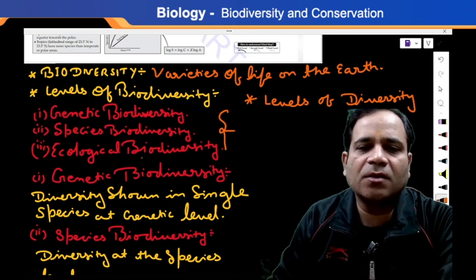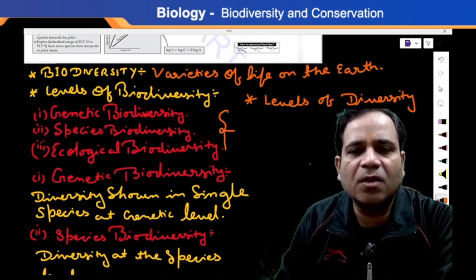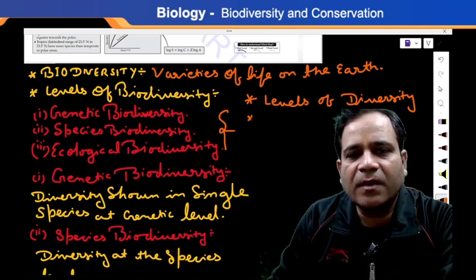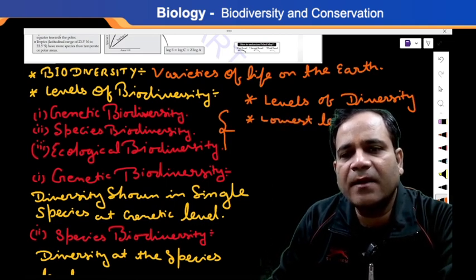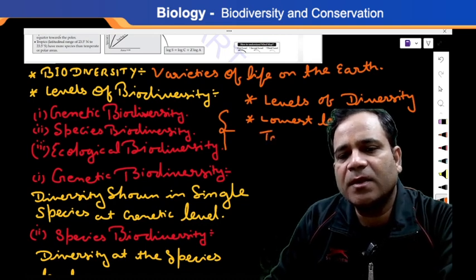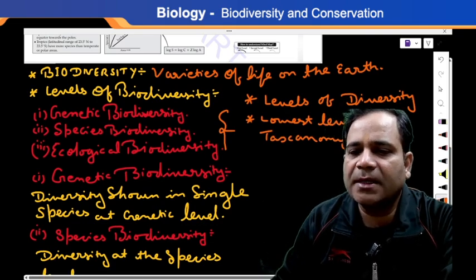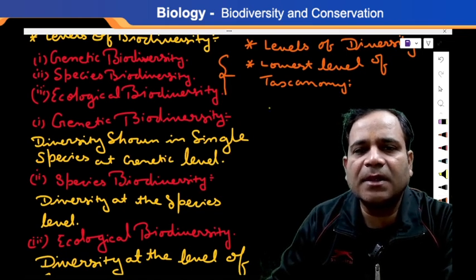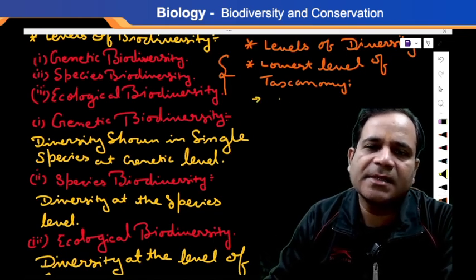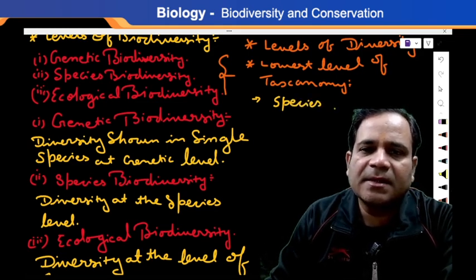Because we all know the lowest level of taxonomy. You all know that the lowest level of taxonomy is the species.